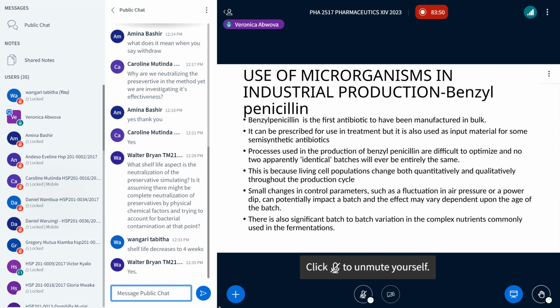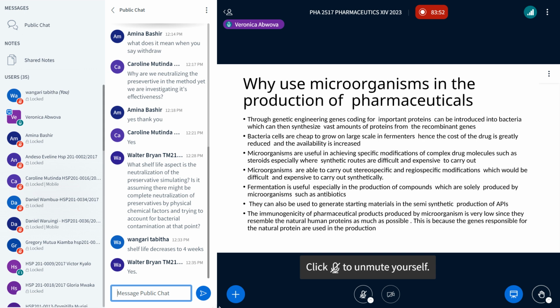Because one of the things that you'll appreciate is that these are microorganisms, okay? It's basically what are the key things you need to consider when handling them, okay? Those are some of the things that I want you to be able to grasp, okay?